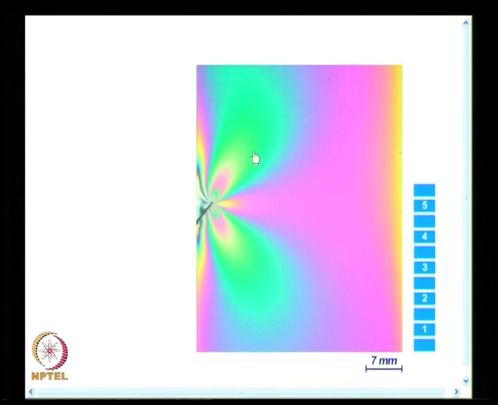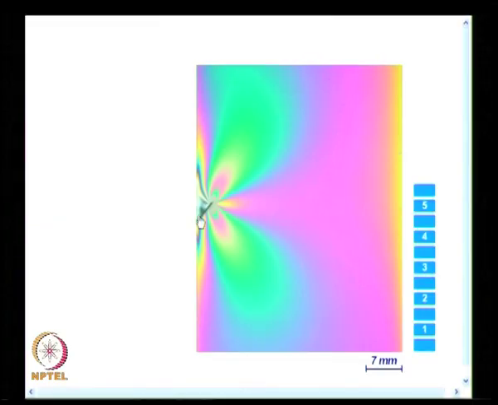Another observation is the fringes which are seen on one side of the crack and the other side of the crack are not of the same size. In the case of mode 1 loading, about the crack axis the fringes were exactly symmetrical. Not only that, they are tilted symmetrically.